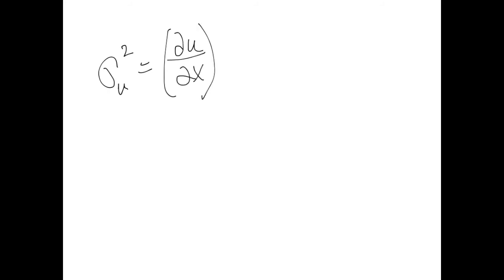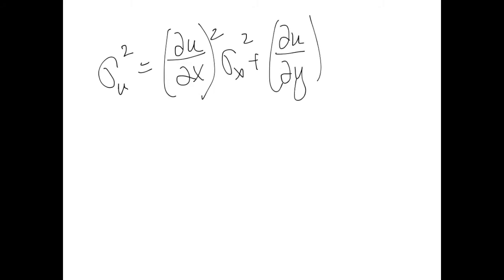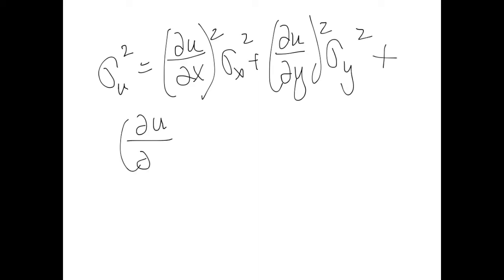So if I have some unknown u, I could say that the standard deviation in that unknown u squared is going to be the partial of u with respect to some term x squared, sigma x squared, plus partial u, partial y squared, sigma y squared, plus partial u, partial z squared, sigma z squared, plus ... however many terms you have in your equation.